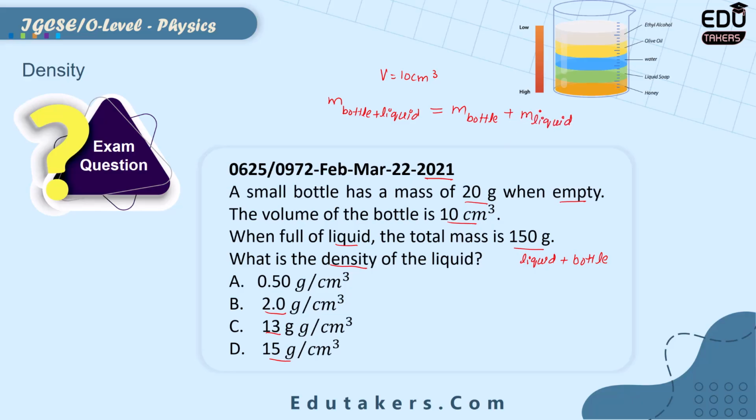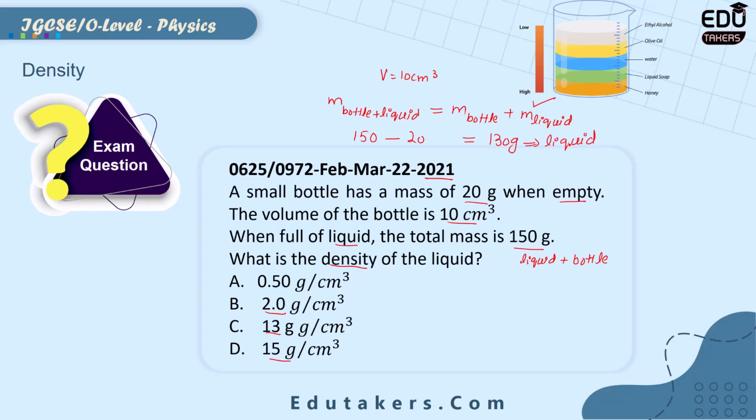From here you can easily calculate the mass of liquid. It would be equal to the mass of the bottle and liquid, 150 gram, minus the mass of the bottle, which is 20 gram. So you get 130 gram, which is the mass of liquid.